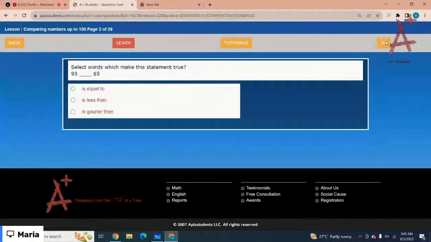Select the words that make the statement true, 93 and 65. When you count, 93 comes after 65. That means 93 is greater than 65.